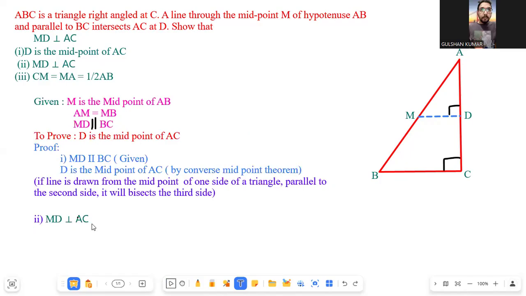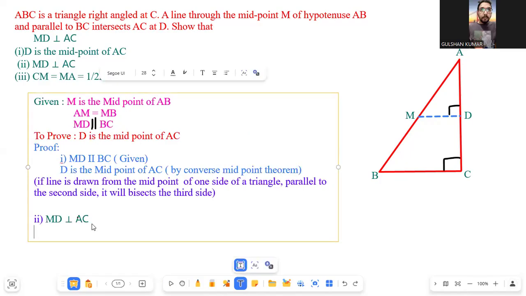Okay, sorry for the inconvenience, this is a technical glitch. So MD is perpendicular to AC. Now we have to prove that AC, the third side of the triangle, with MD parallel to BC, is perpendicular to AC.